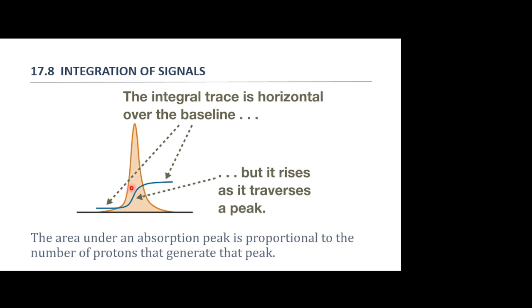And so that area under the absorption peak is proportional to the number of protons that generate this peak. Okay, so if you saw something with 3 times the area under the peak, it would have 3 times the number of protons, right? What is not true is the heights. Just because the height of the peak is 3 times does not mean it's 3 times the number of protons. Okay? It is the area. You've got to be real careful about that.